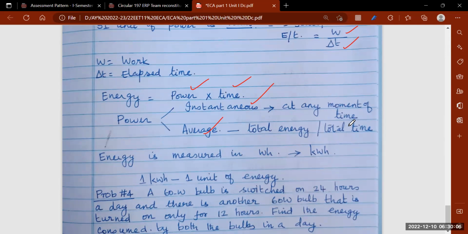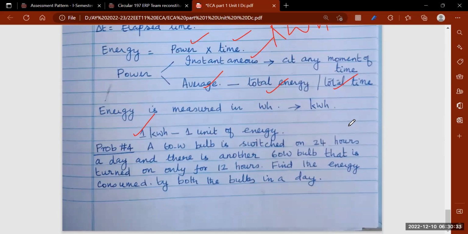The average power is the total energy divided by the total time. Energy is actually measured in watt hour, but watt hour is a very small unit, so you measure the energy in kilowatt hour. 1 kilowatt hour of energy is called 1 unit of energy.